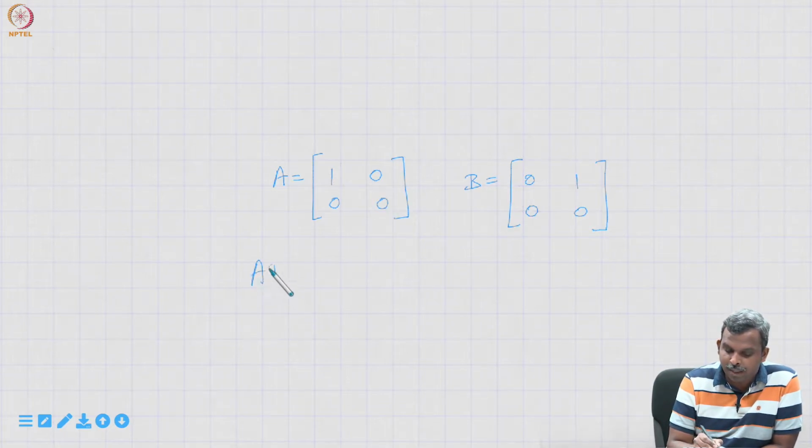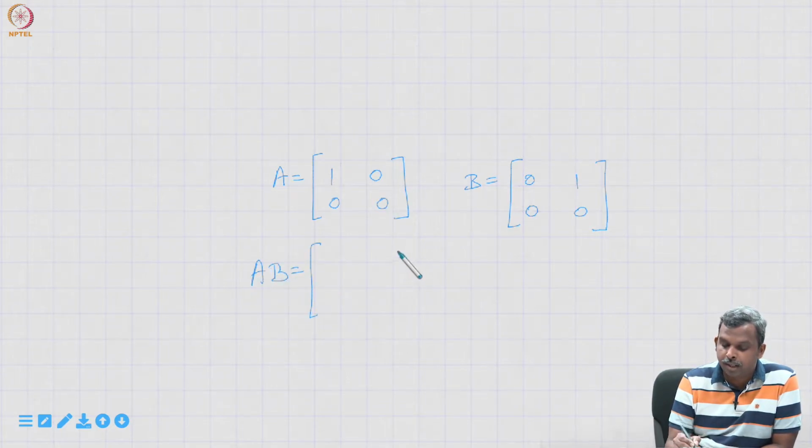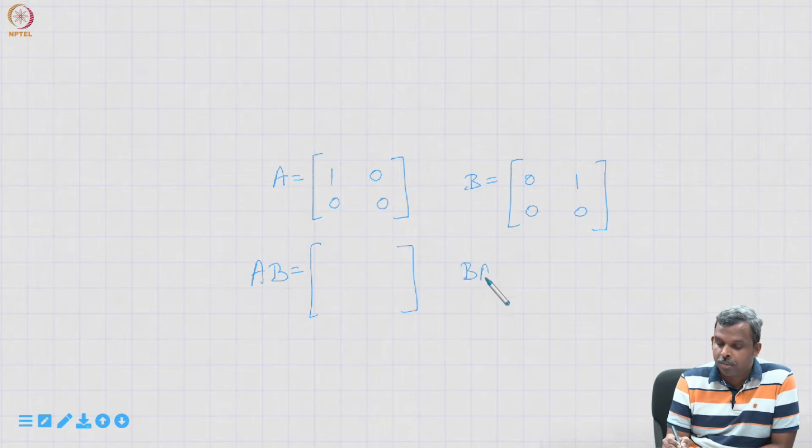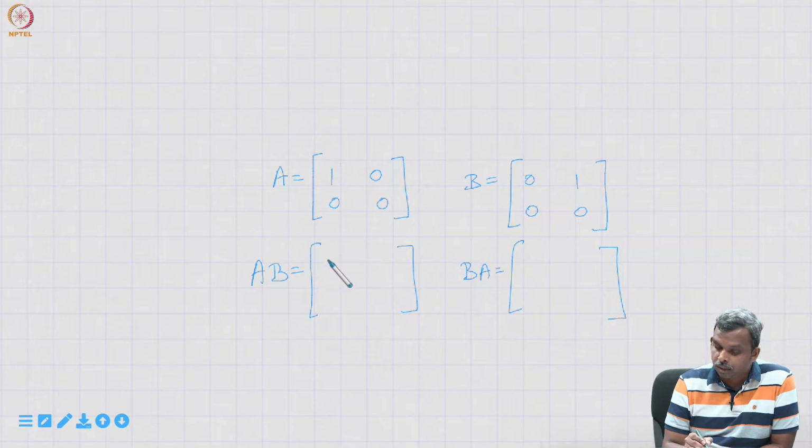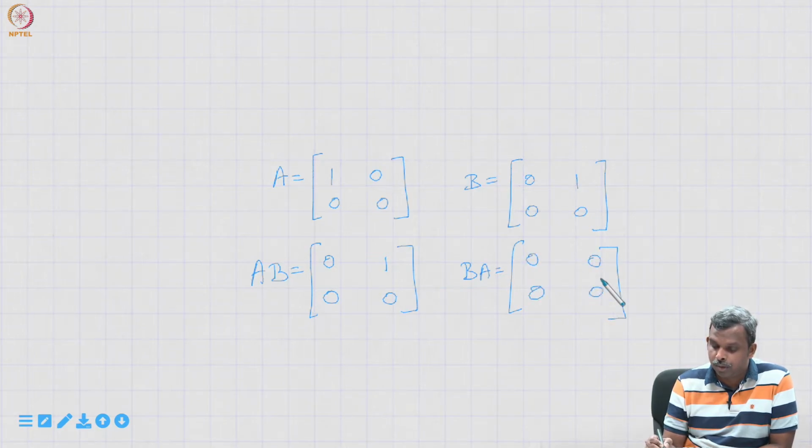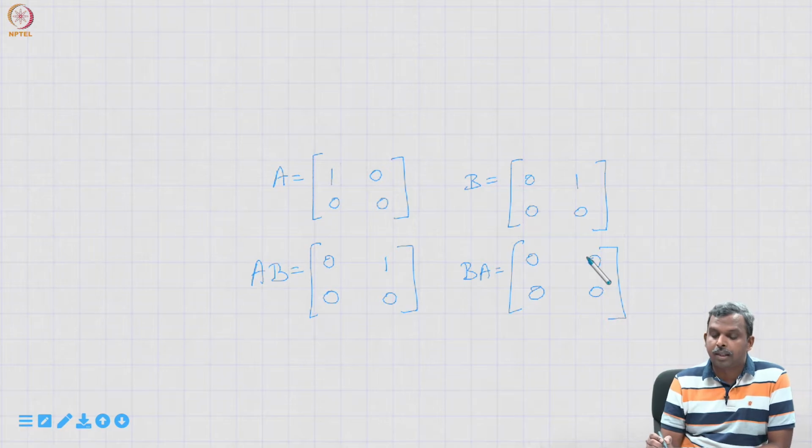I want a particular situation for AB and BA. If A and B were like this, I think I will get it. So let me just do this. 0, 1, 0, 0. BA is going to be 0, 0, 0, 0, right? Yeah, I think this is what I wanted.